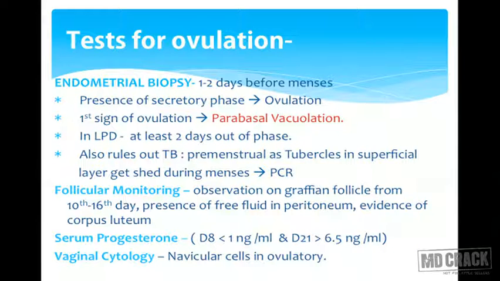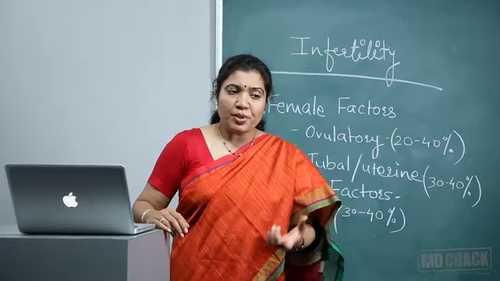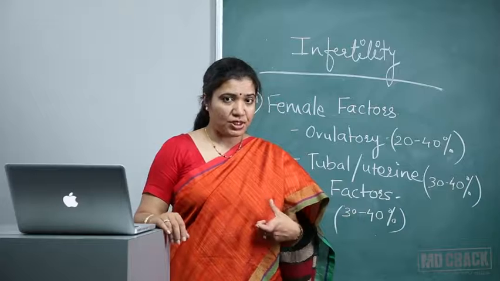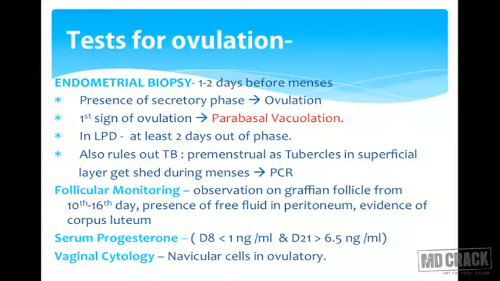Other test for ovulation: endometrial biopsy. Histopathologically, we all know that the changes which take place in the proliferative as well as in the secretory phase of the menstrual cycle are very specific. From the histopathological examination of the endometrium, whatever changes we see, the proliferation in the glands, the subnuclear vacuole formation or secretion collection, all these changes can tell us which day of the menstrual cycle that patient is in.